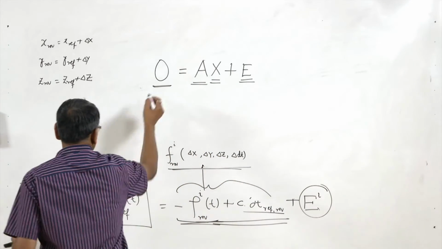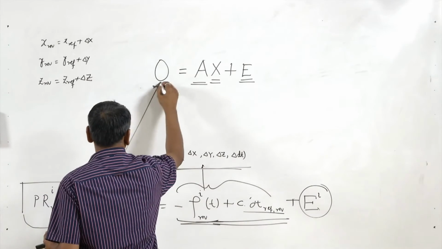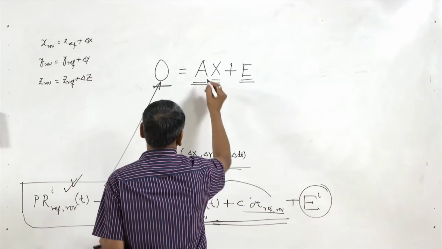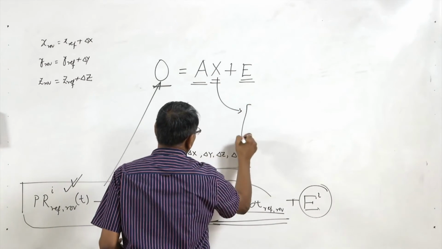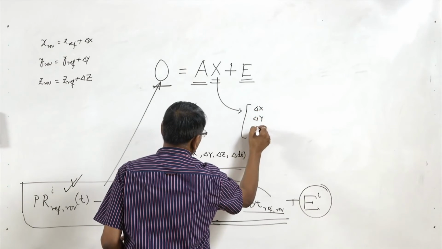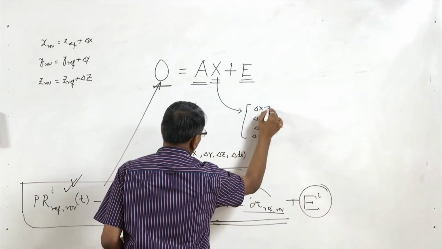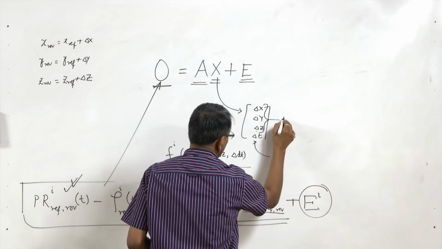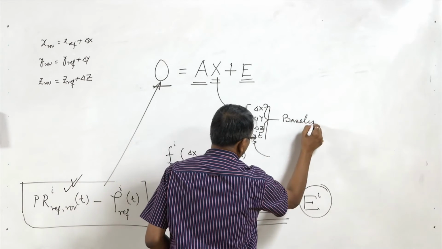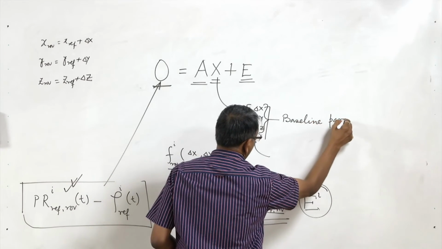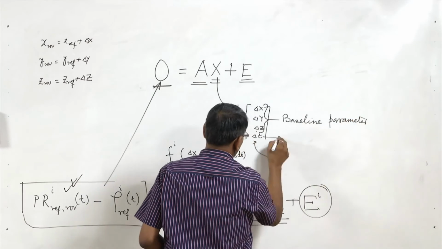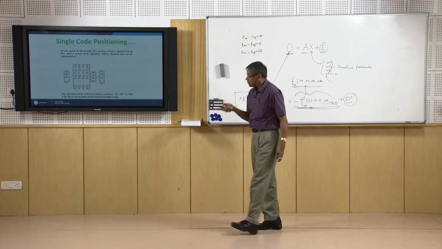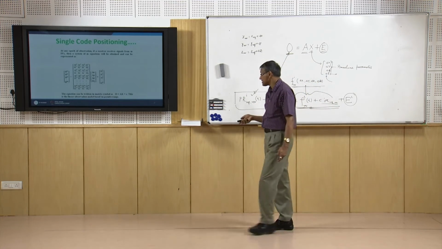Now, in this case the unknown parameters will be del x, del y, del z, del t, where these three are the baseline parameters, and this is the time parameter, and this is the error. So, this is what we did; in the last class I have explained all this.